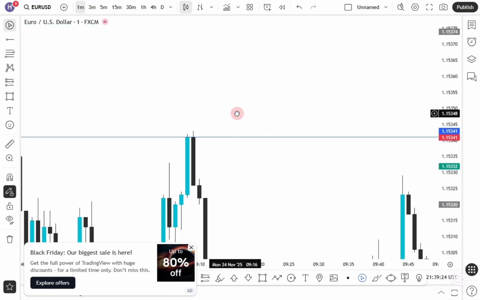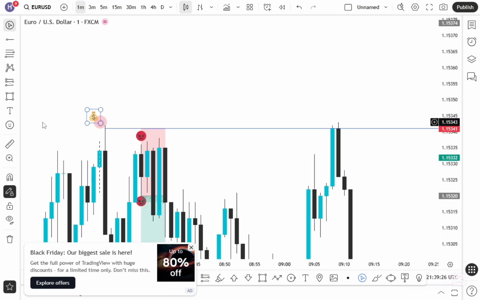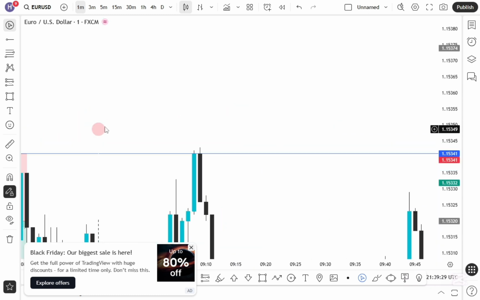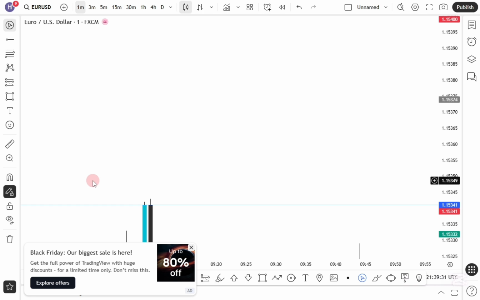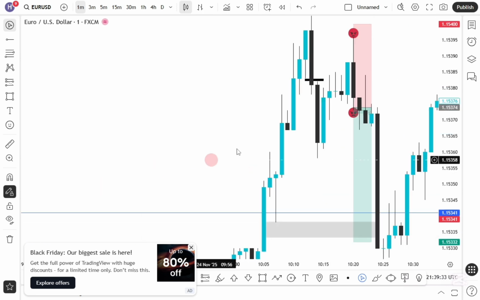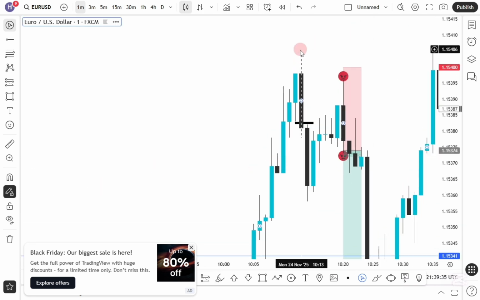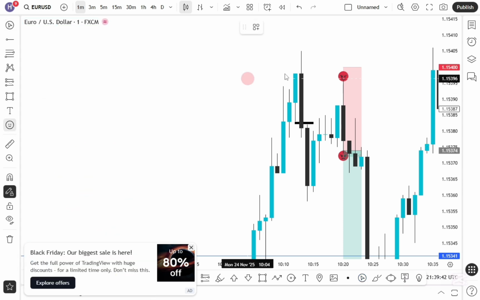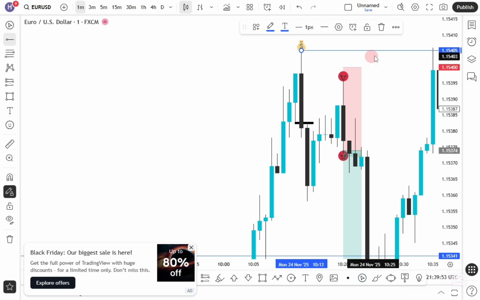All right, this was where liquidity was swept out, and when it has swept out, it makes itself a liquidity zone too. So there's a liquidity zone. So let's mark it out and wait for anyone that sweeps it.